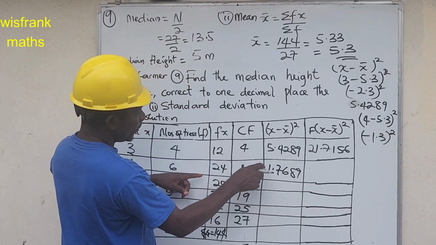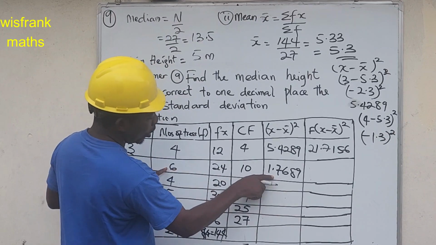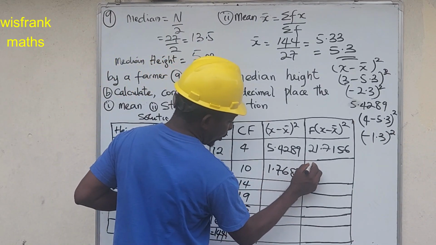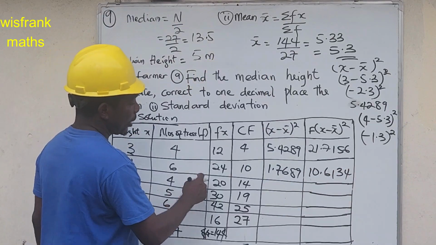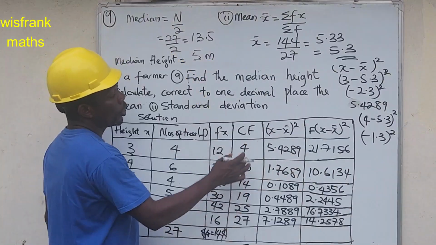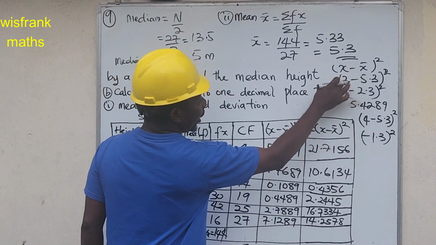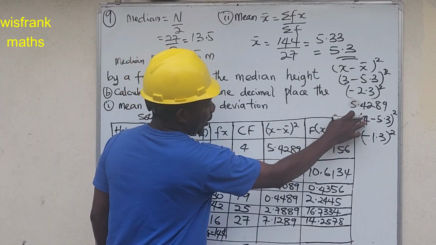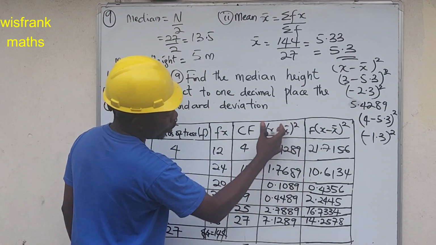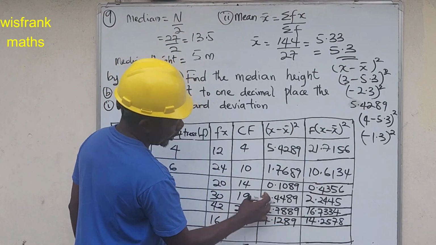If we multiply by the frequency, which is 6, times 1.7689, we are going to have 10.6134. The same thing is applicable for the rest. We insert the value of x and subtract the mean, and this is what we have to fill in the spaces in the table.